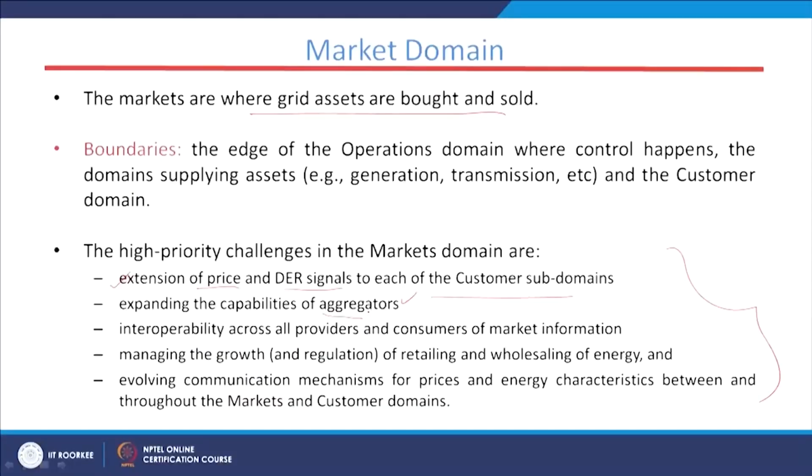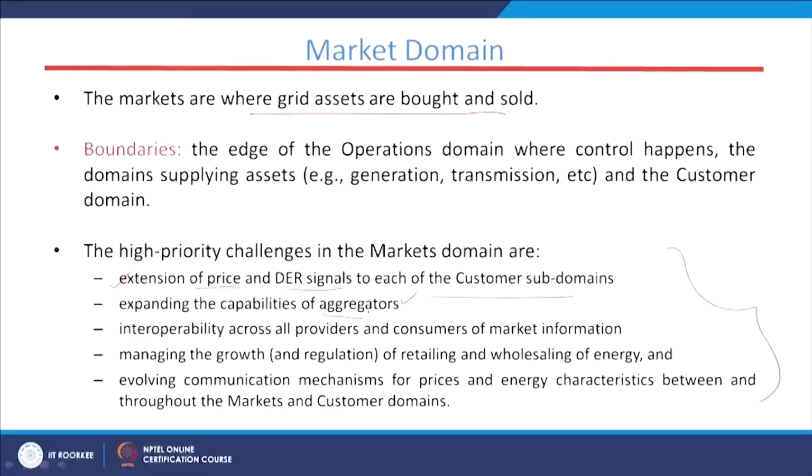Now, we have interoperability. This is very important. I will discuss this word in detail in my slides, but I just want to say what it actually means. We have many devices and equipment in the smart grid: generation, transmission and distribution equipment, and different equipment in the customer premises.